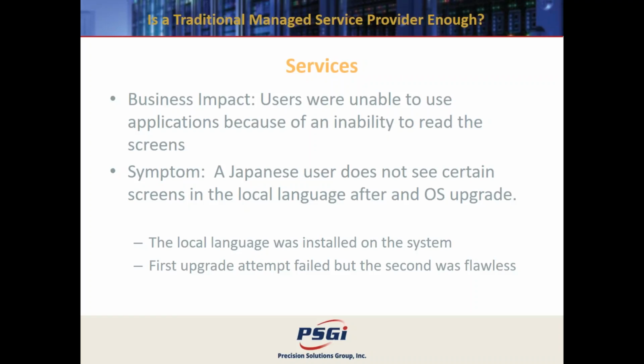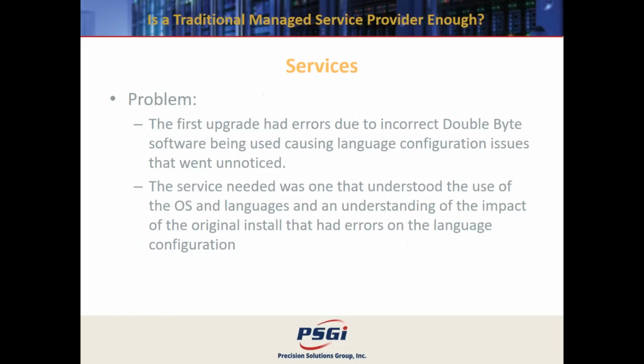So the MSP thought to themselves, success, we're done. Well, what actually happened was that in the first attempt they had tried to perform the upgrade with the incorrect double byte software, the double byte for the Japanese language, and that first attempt caused configuration issues and then the ensuing language problem.